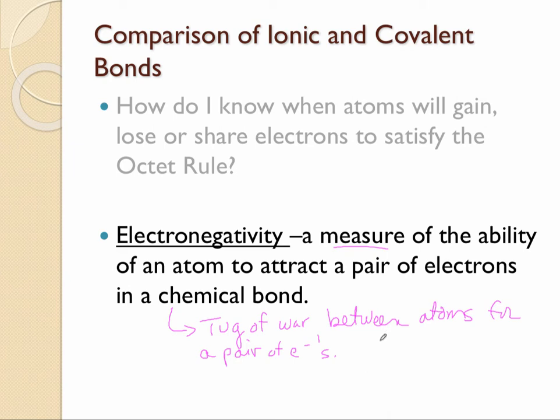If one atom has a much higher electronegativity, it has the ability to attract a pair of electrons to itself much more than the other atom. If two atoms are about the same electronegativity, neither one of them is strong enough to pull the electron away from the other, and they end up sharing.